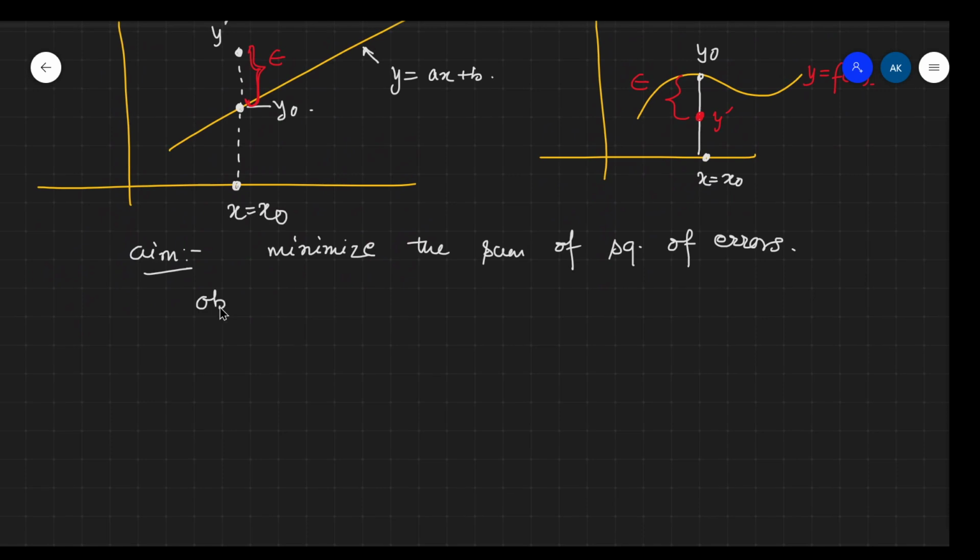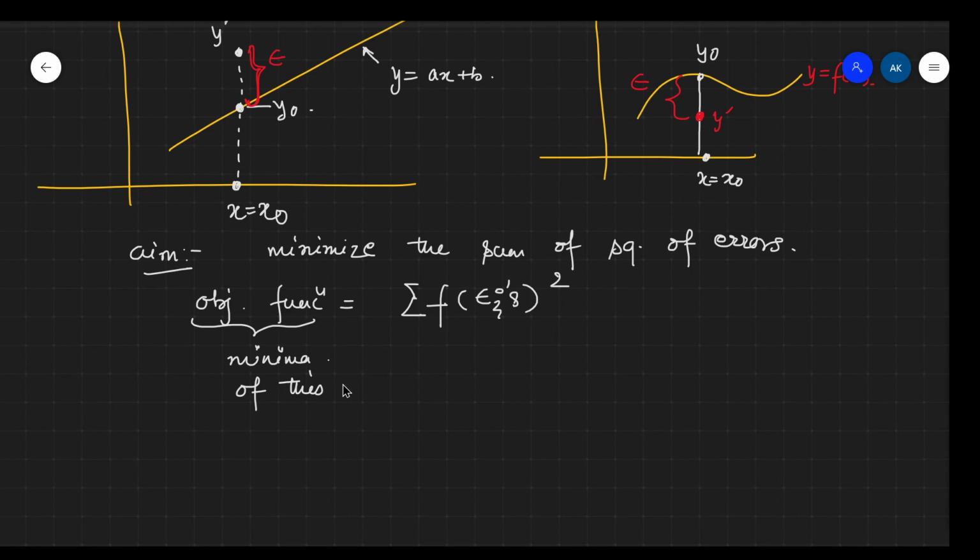Our objective function will be some function of these errors. Then we will square it, then take the sum, and try to find the minima of this function. Once you find this, our aim is done. Our work is finished.